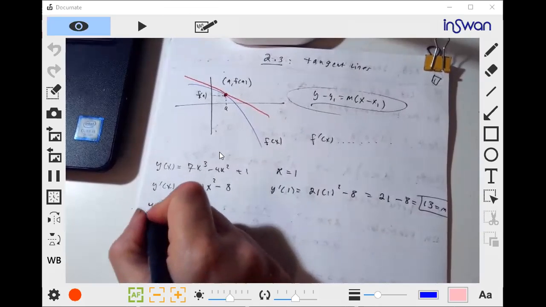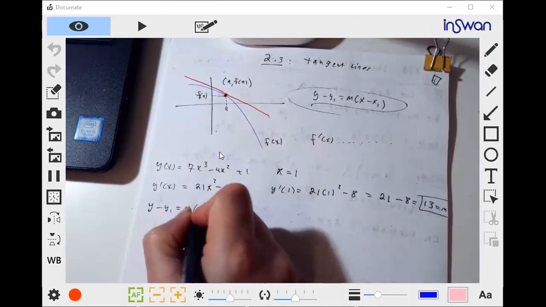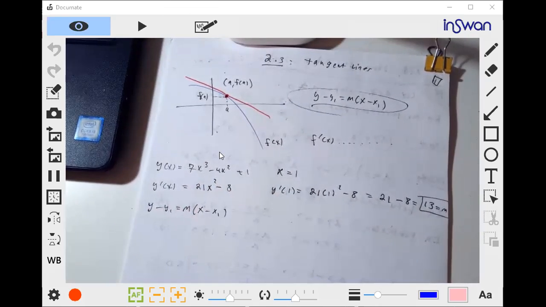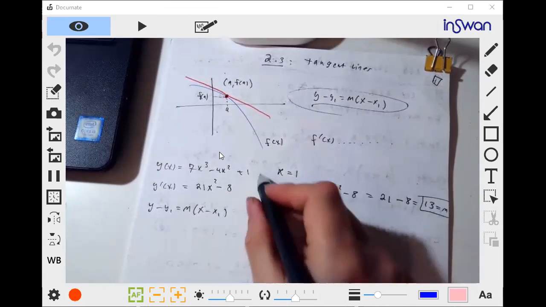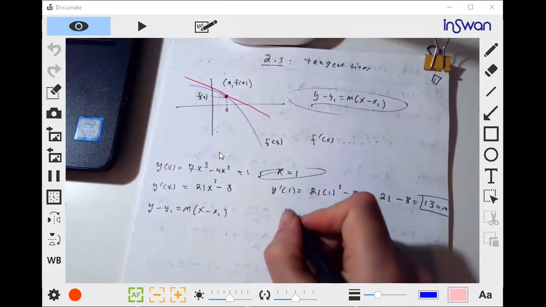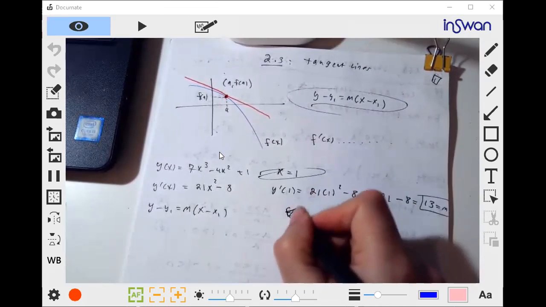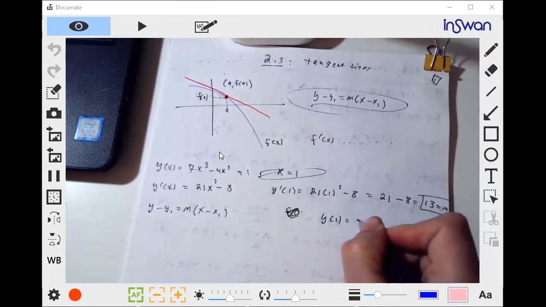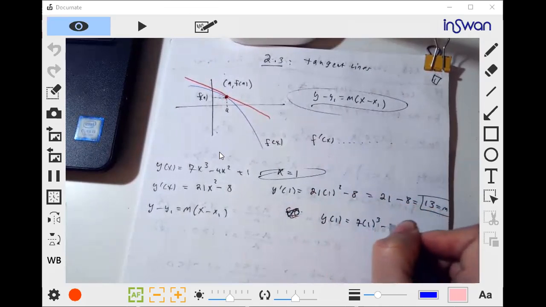Constructing a tangent line requires y minus y1 is equal to m times x minus x1, and we need a coordinate pair, x1 and y1. We can find that point because x equals 1 implies y of 1 is 7 times 1 cubed minus 4 times 1 squared plus 1.